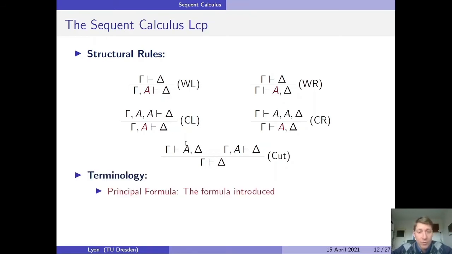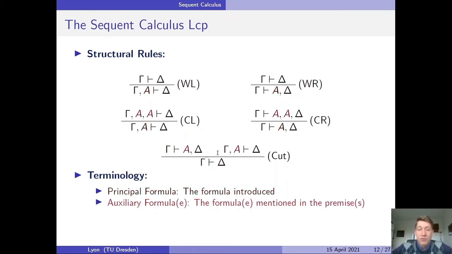Let's go through some terminology before I move on to giving an example of a proof or derivation in our calculus. Again, the principal formulae are those which are explicitly introduced in the conclusion. Cut does not have any principal formulae because a formula is just deleted from the premises to the conclusion. The auxiliary formulae, again, are those which are explicitly mentioned in the premises. The weakening rules do not have any auxiliary formulae.